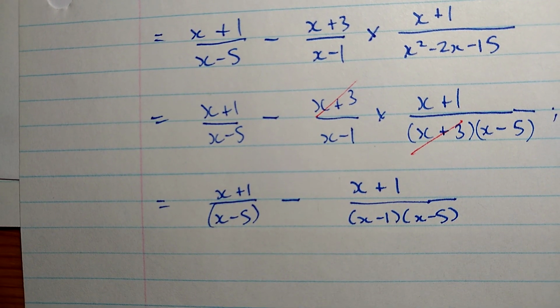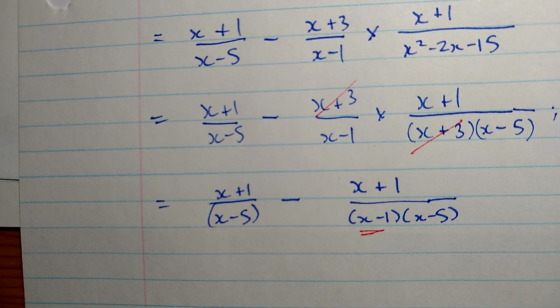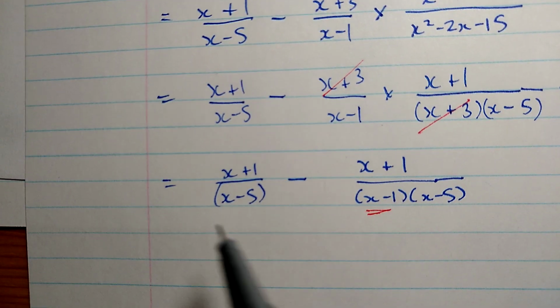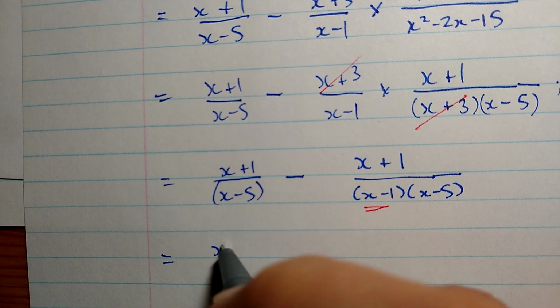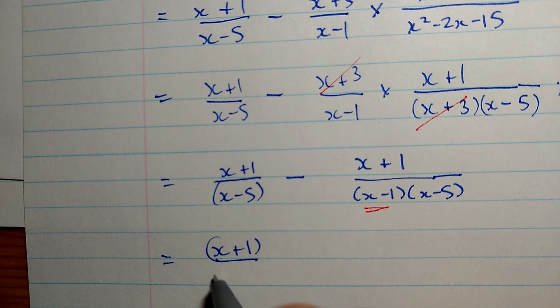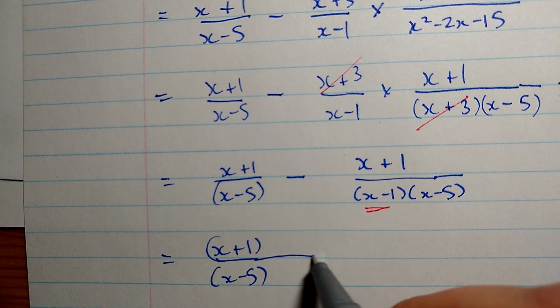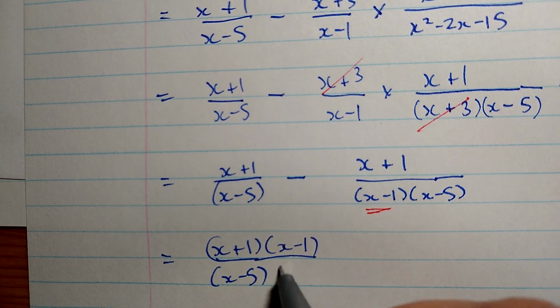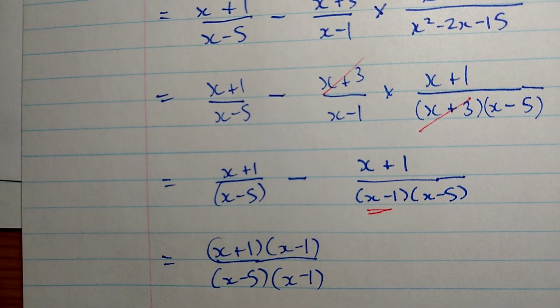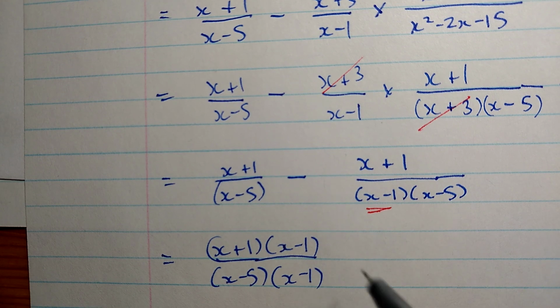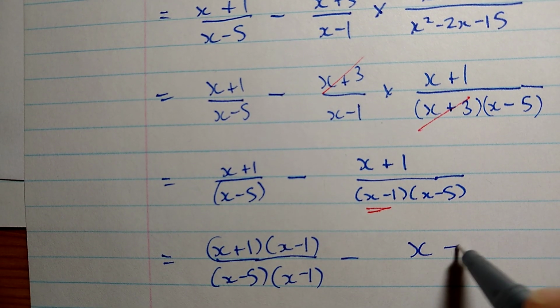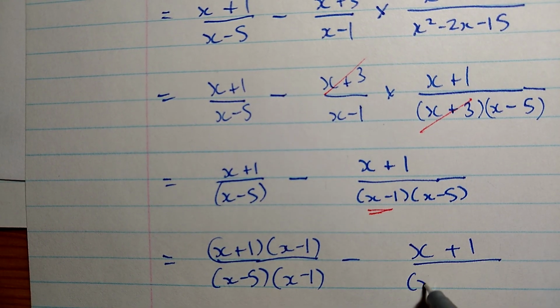And so we only have to sort of add in this one over here to make them match. So let's do that. We have x plus 1 over x minus 5. I'm putting everything in brackets now because we're about to multiply by x minus 1 over x minus 1. That's the thing we've now added to this fraction so that it has the same denominator as this one.